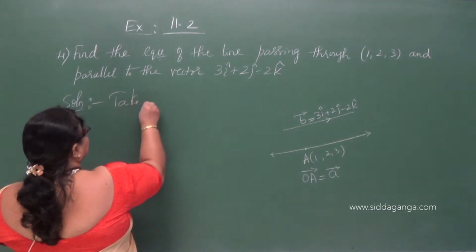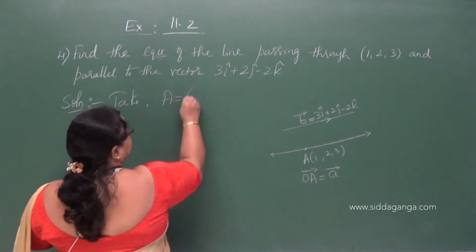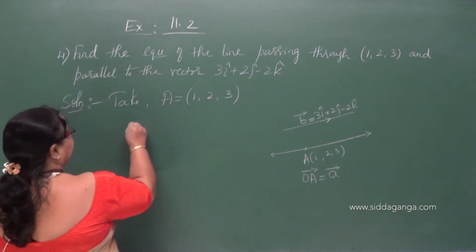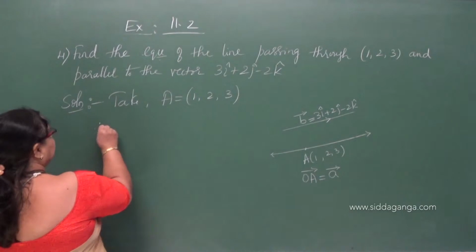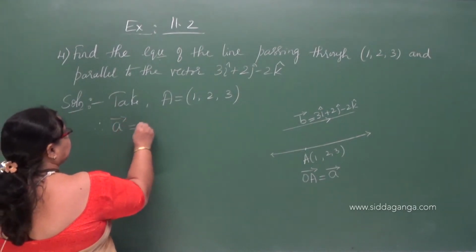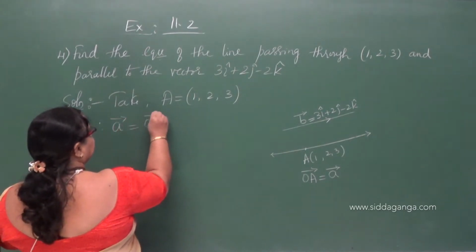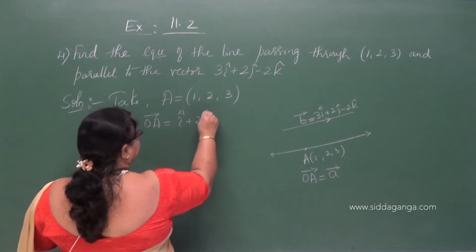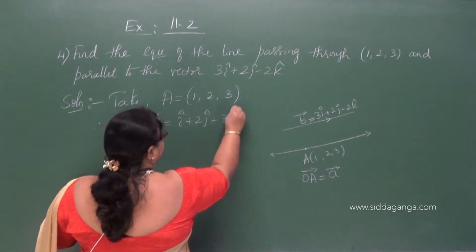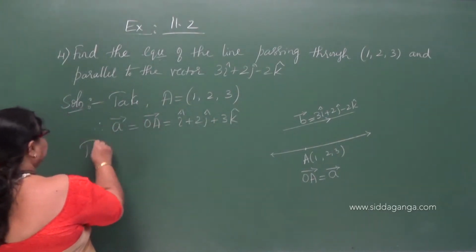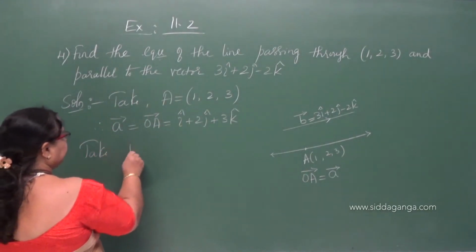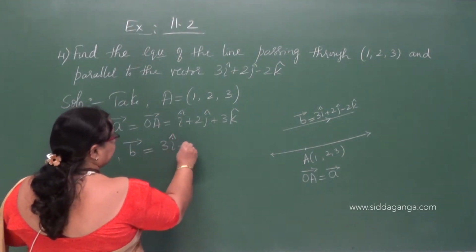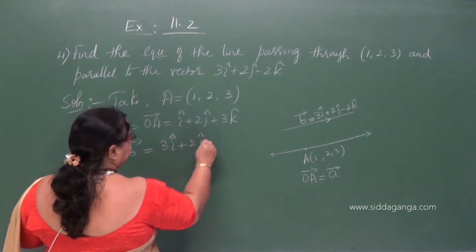Take the point as (1, 2, 3), and therefore vector A is nothing but the position vector of the point A, that is i plus 2j plus 3k. Next, take vector B equal to 3i plus 2j minus 2k.